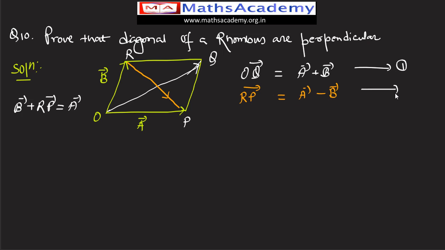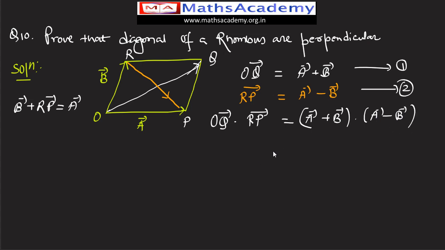Now take the dot product of these two diagonal vectors. OQ vector dot RP vector is equal to (A vector plus B vector) dot (A vector minus B vector). So we have A dot (A minus B) plus B dot (A minus B).